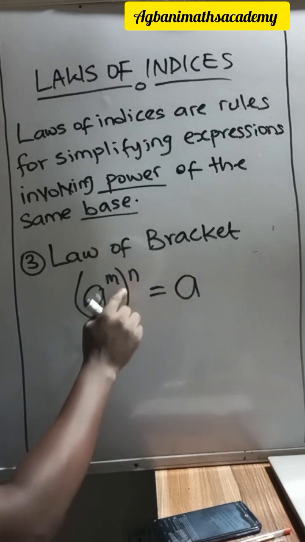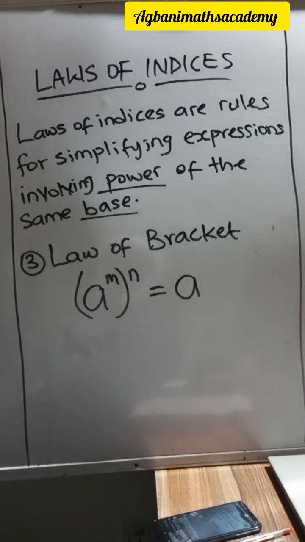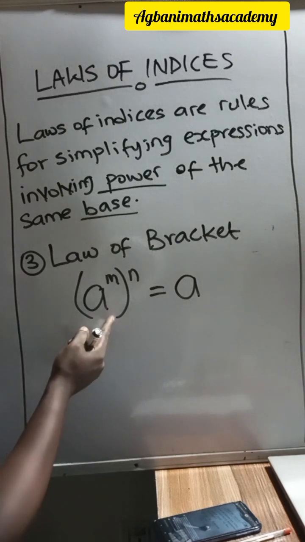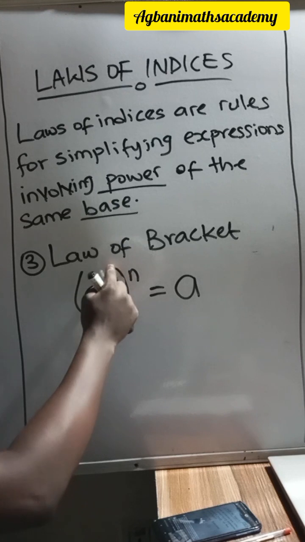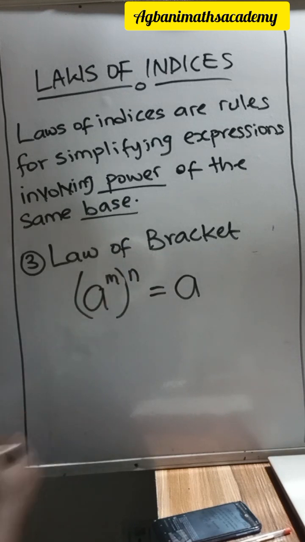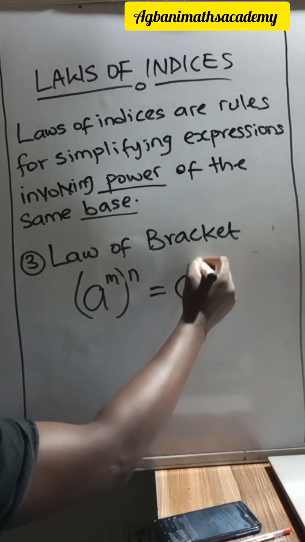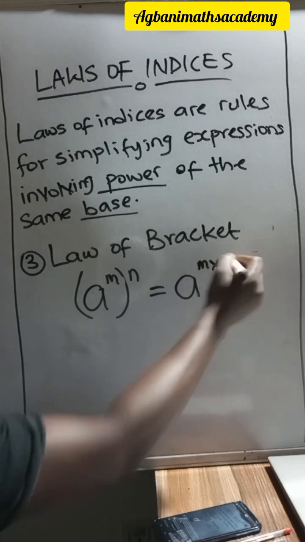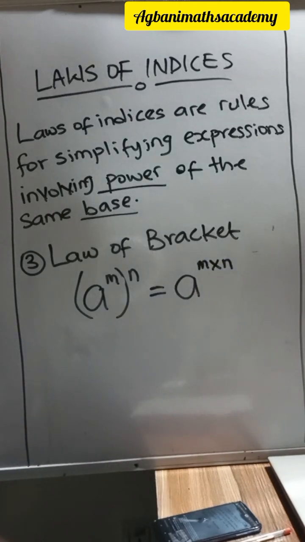Because there's a bracket here, remember a bracket in mathematics represents multiplication. This bracket runs across the power, so it affects the power. So you're not going to add, but you're going to multiply. So it's m multiplied by n. In this case, where a bracket is involved, you are going to multiply the powers.